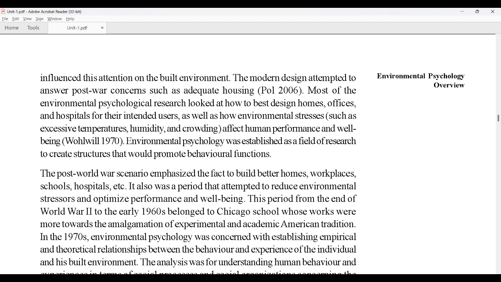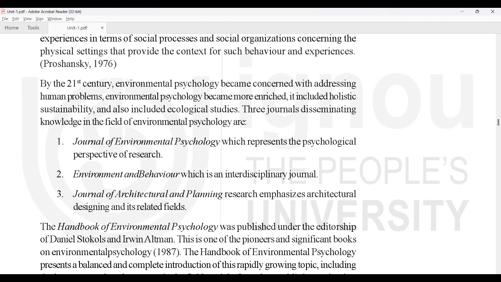In the 1970s, environmental psychology was concerned with establishing empirical and theoretical relationships between the behavior and experience of the individual and his built environment. The analysis was for understanding human behavior and experiences in terms of social processes and social organizations concerning the physical settings that provide the context for such behavior and experiences.